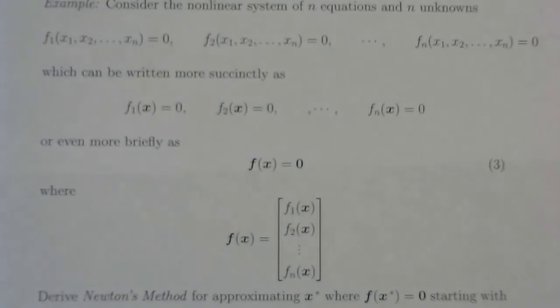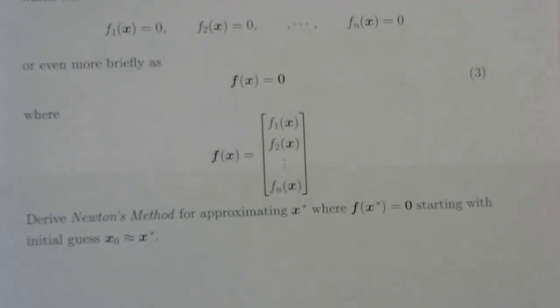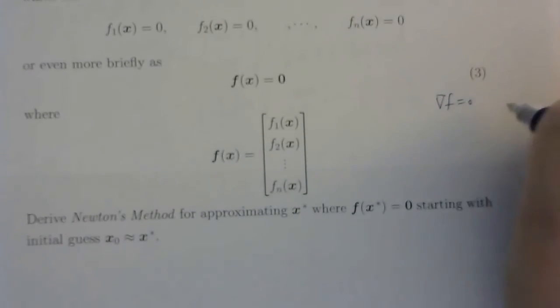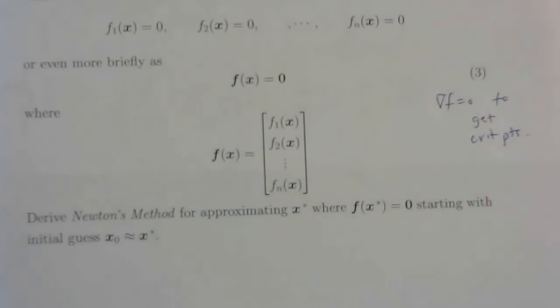So can I derive Newton's method for finding this root? Just to understand how this relates to the calculus that we've done so far, when are we going to try to find when a vector valued function is equal to 0? Well, it's when we're trying to solve f equal to 0 to get critical points. So that's when we would do something like this mathematically.